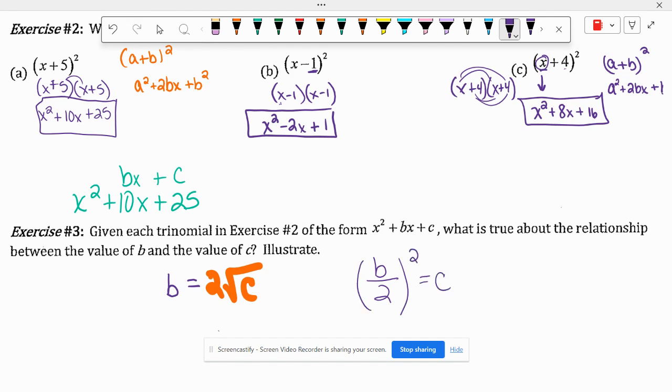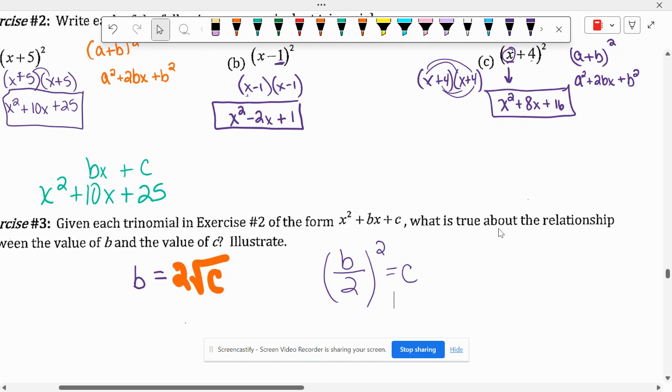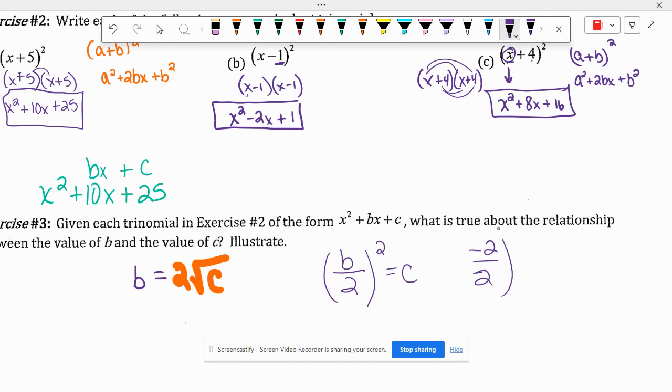Let's see if that relationship works. If B is 10, what is 10 divided by 2? 5. And what is 5 squared? Okay, let's check the second one. In our second equation, b was negative 2. What is negative 2 divided by 2? It's negative 1. And what happens to negative 1 when I square it?